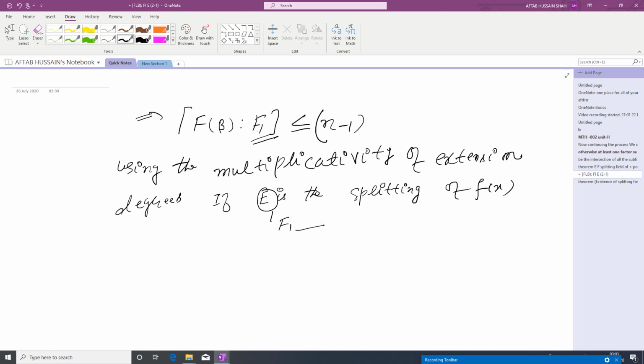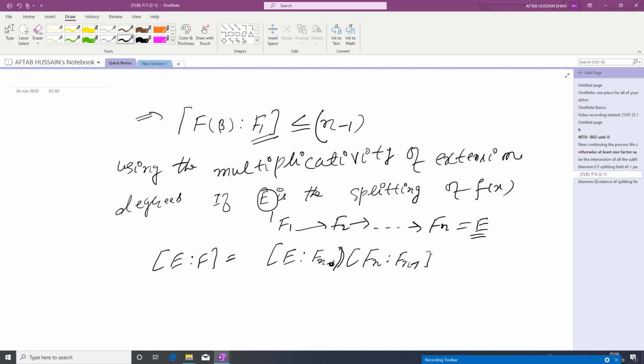First we go to F1, then from F1 we go to F2, and so on, then we reach Fn, and we say that this Fn is E. Then the degree of extension of E over F, by multiplicativity, is the product of the degrees of E over F(n minus 1), and so on, down to F1 over F. So this would be 1, this would be 2, and so on, n minus 1 and n, which is nothing but n factorial. So we are through.